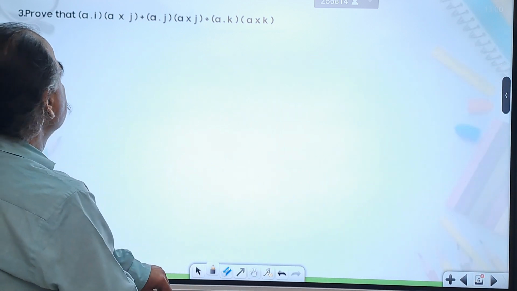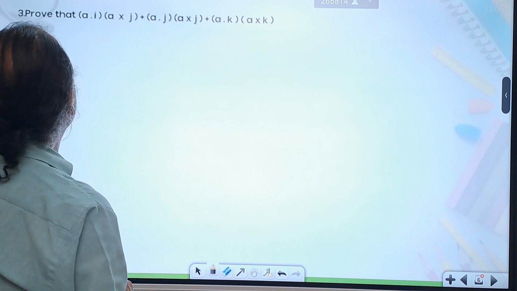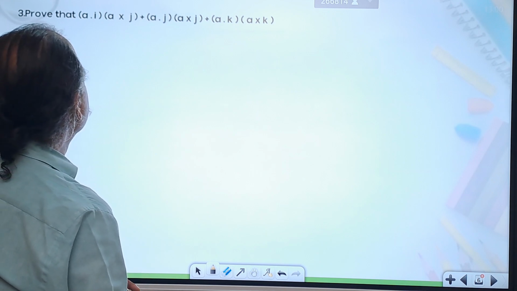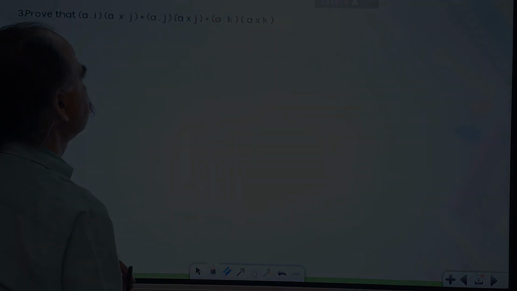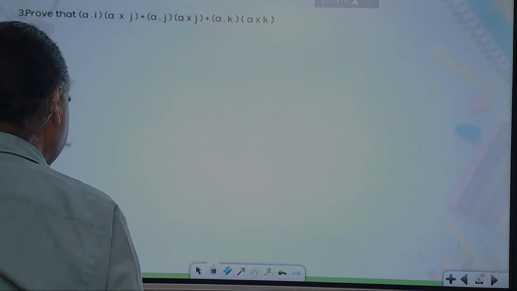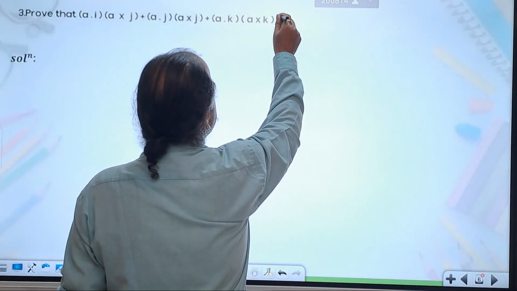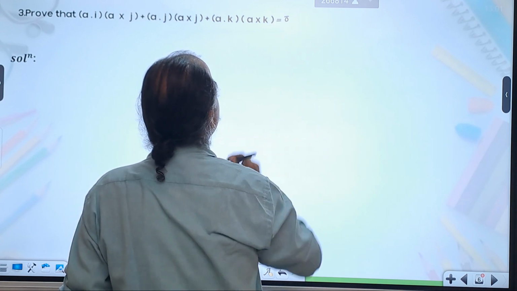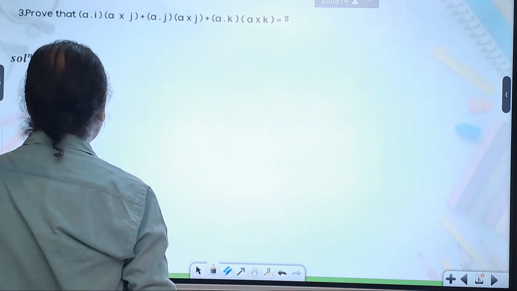Prove that (a bar dot i bar) times (a bar cross i bar) plus the other terms is equal to 0 bar. See the proof.